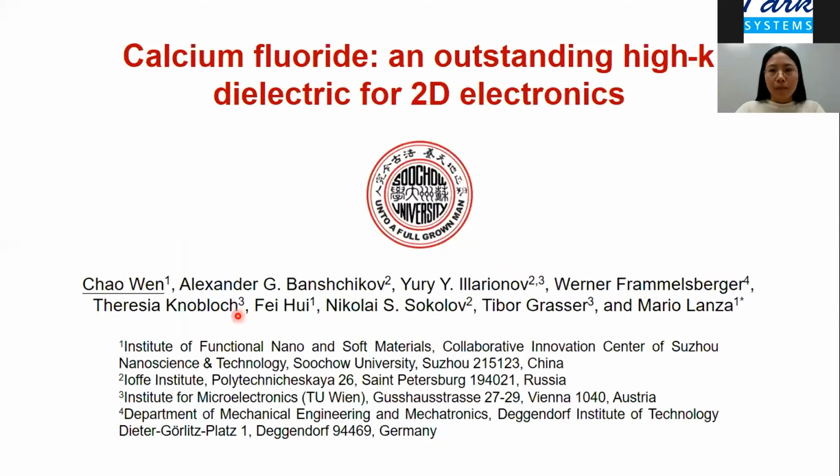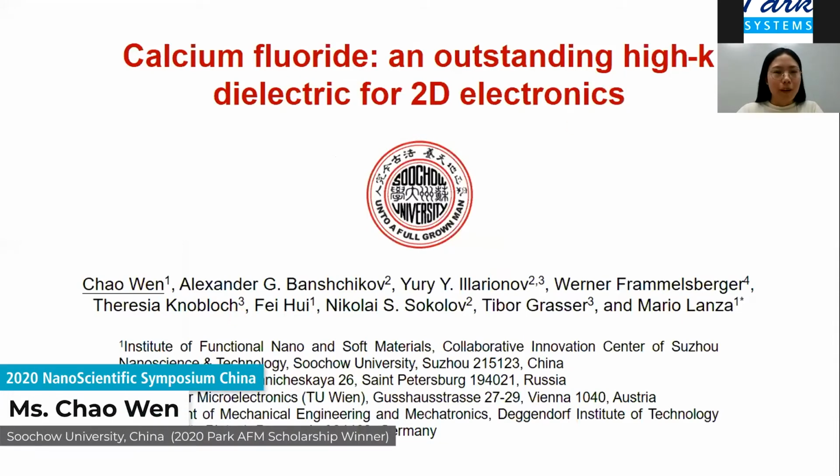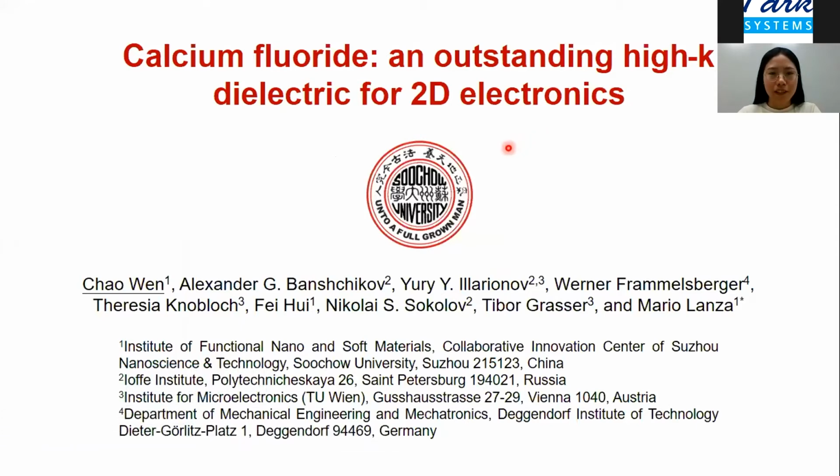So my name is Chao Wen, and I'm a master student in Professor Marland's group at Soochow University. As mentioned by Professor Gianos and Dr. Rajan, two-dimensional materials are very important for electronic devices. And here, I'm going to talk about calcium fluoride, which is an outstanding high-K dielectric that is compatible with 2D material-based electronic devices.